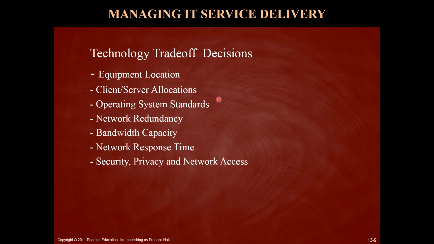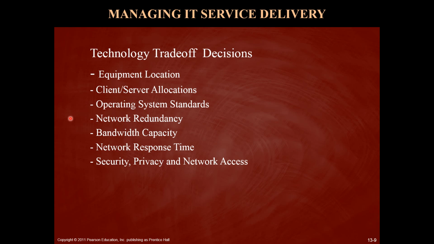However, it's not always possible because different systems may be more suitable for different applications, and different departments and organizational units may have different needs. So that's why a decision needs to be made with respect to standardization or delegation of operating system selection to different departments and organizational units.